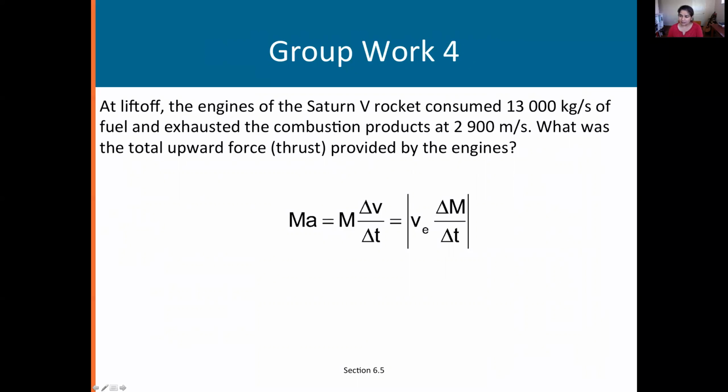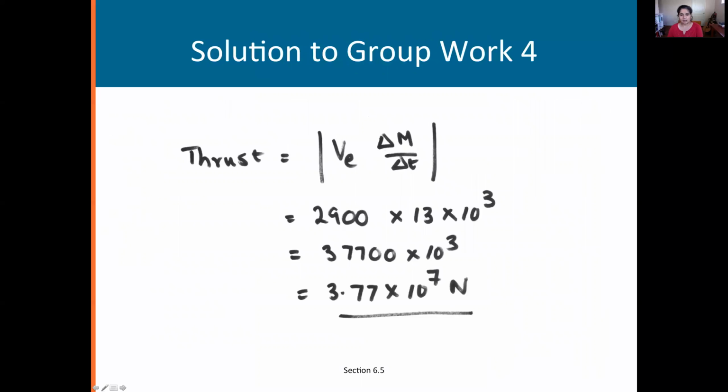So that's my exhaust velocity. What is the total upward force or thrust provided by the engines? So you really just have to use this equation. You need to use this number, 2,900. This one is 13,000. You need to multiply those two together. And what you get is 3.77 times 10 to the power 7 newtons.